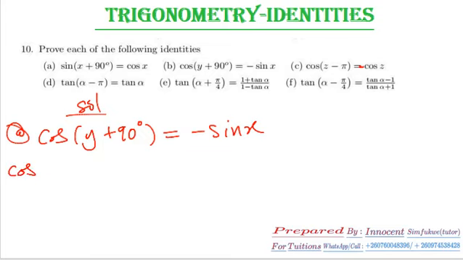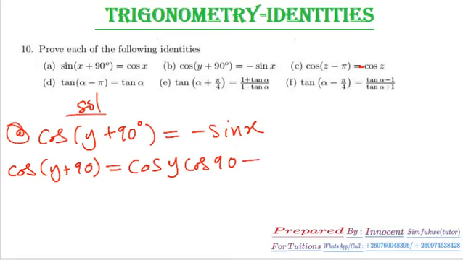So that's cos of (y plus 90) is equal to, since we said cos is going to have cos y cos 90. Then see this is cos, what happens with the sign? You change the sign now. Minus sine y, and then sine 90.